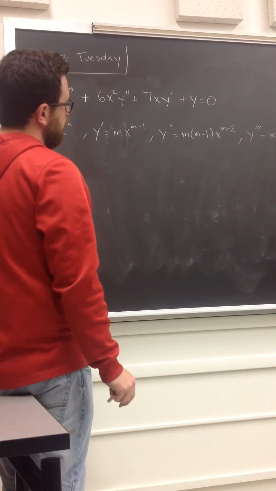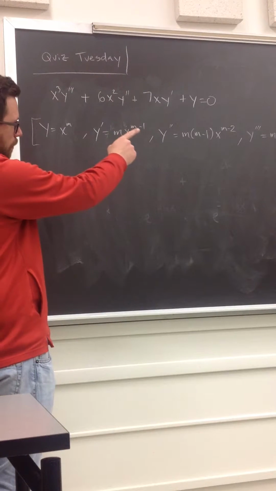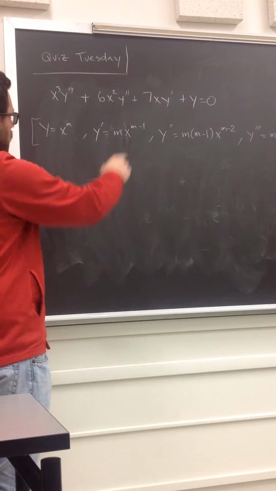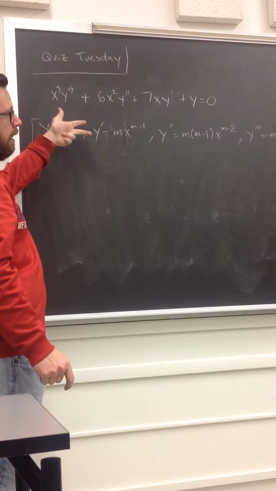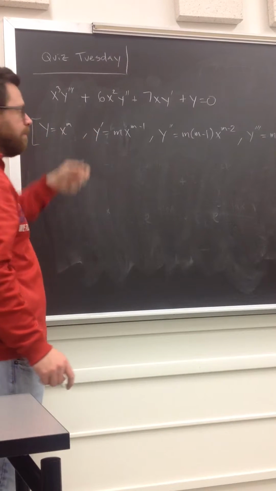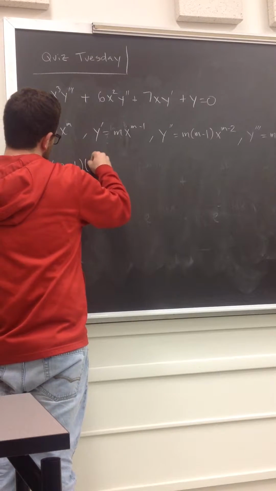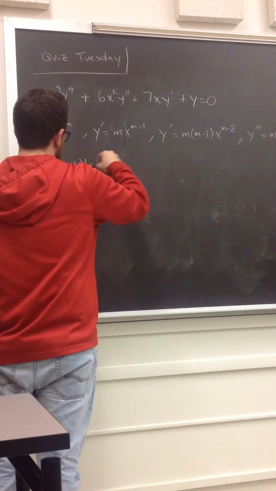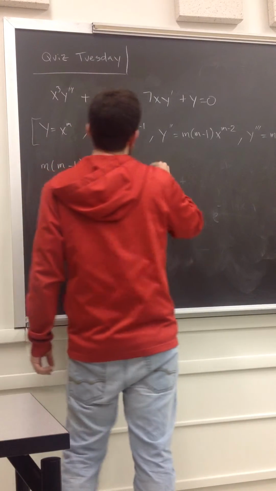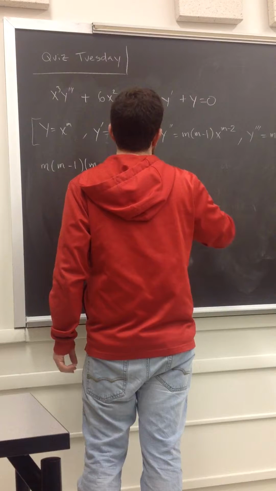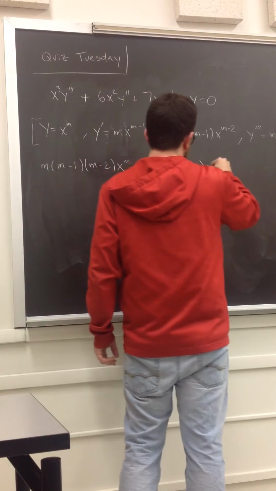So you see what will happen: if I multiply the third derivative of y by x cubed, then I get m minus 1, m minus 2, x to the m. Plus 6 times m minus 1, x to the m.